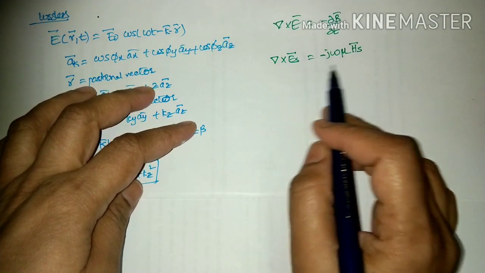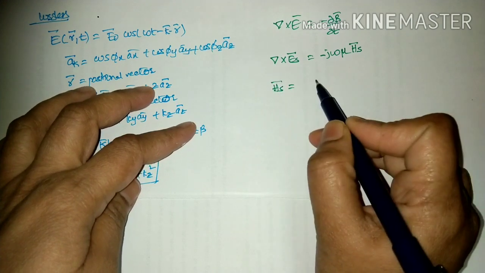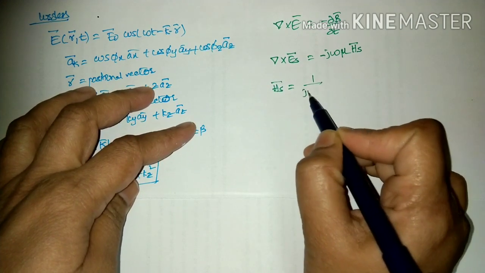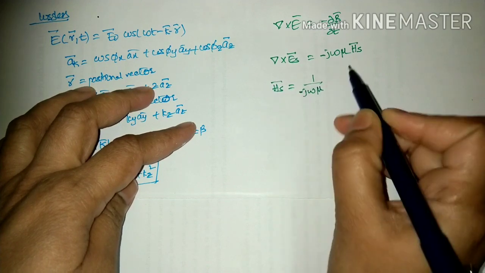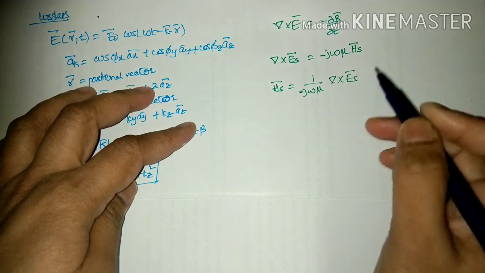So this is the Maxwell's equation in the phasor form. From this you can write Hs bar is equal to 1 by minus j omega mu into del cross Es bar.